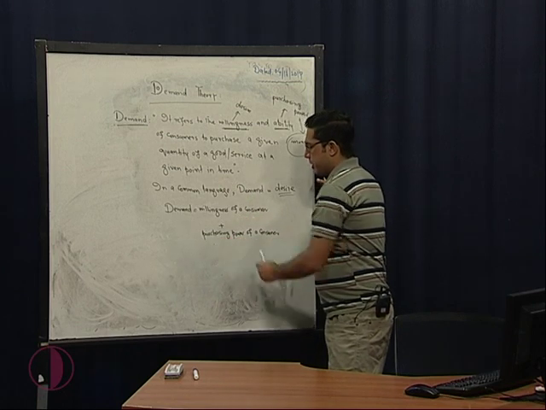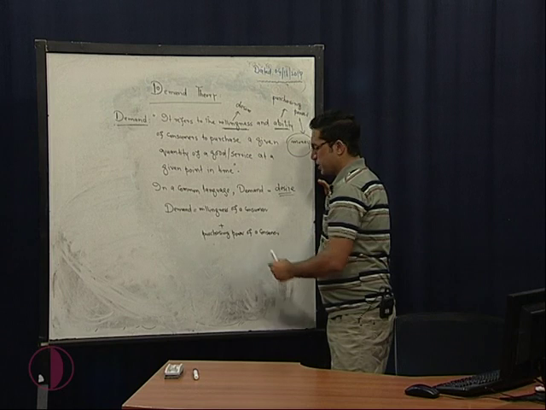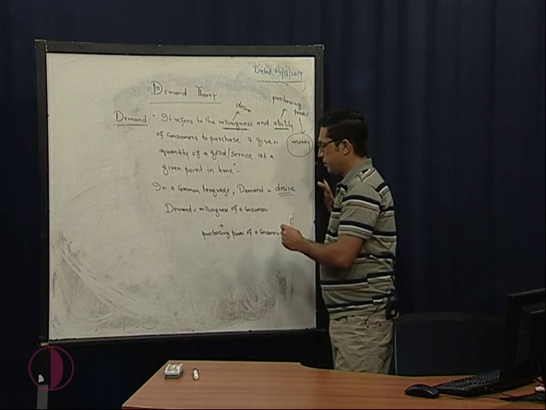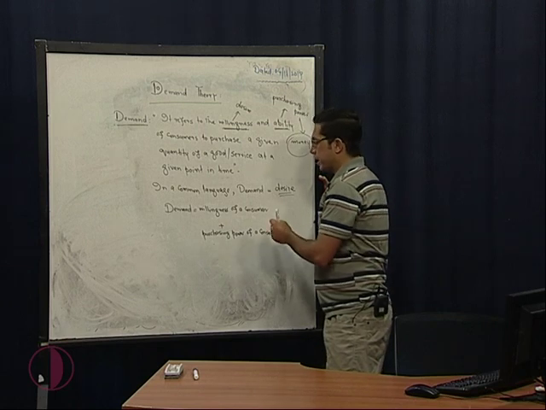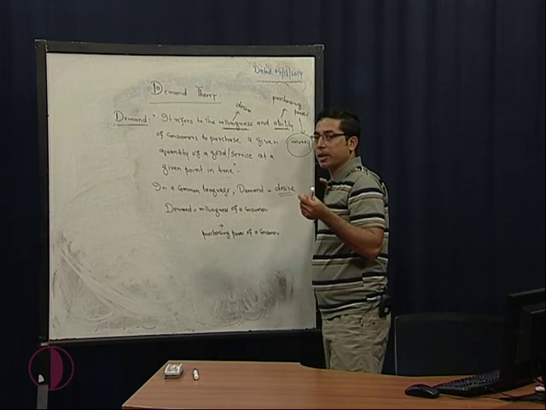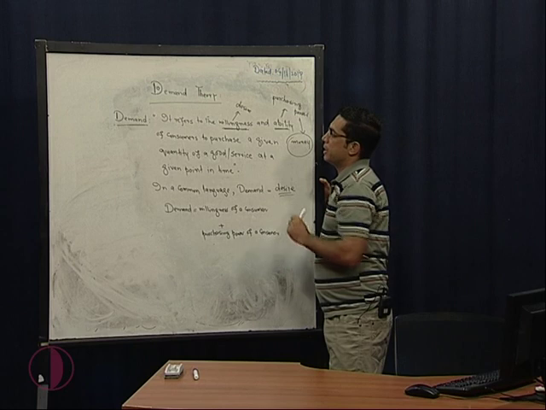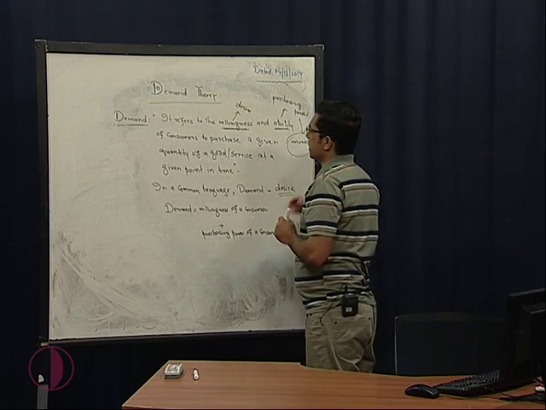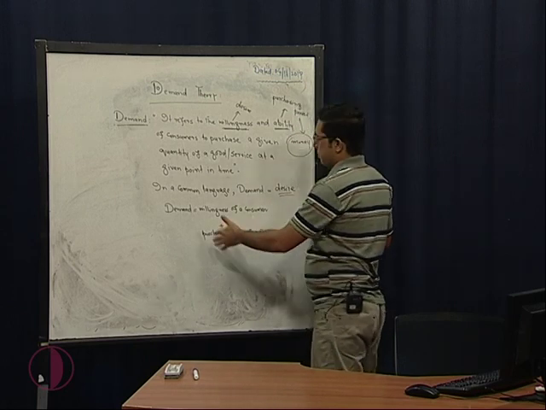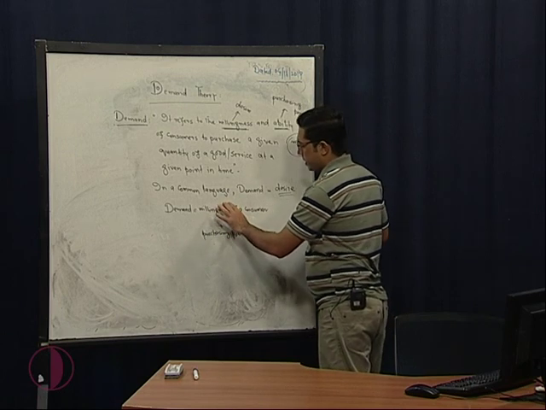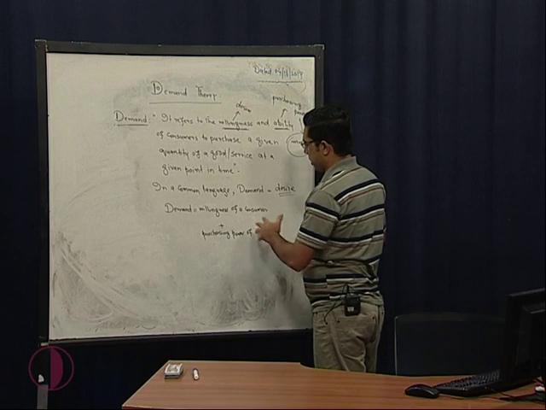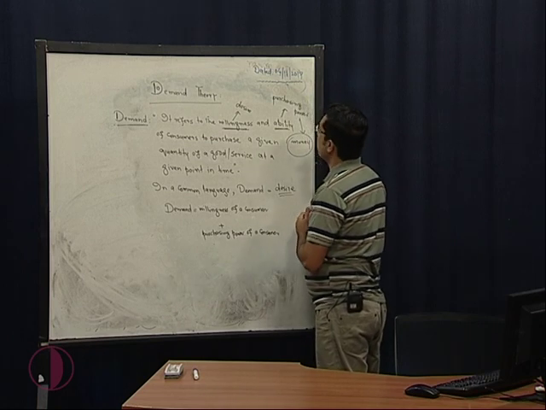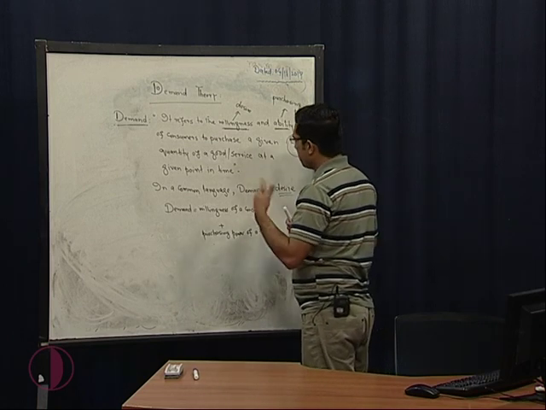The second important element is the purchasing power of a consumer. If the consumer has no money in his pocket and is desiring to get something, still it is not a demand. So for demand, willingness and purchasing power are both complementary elements.